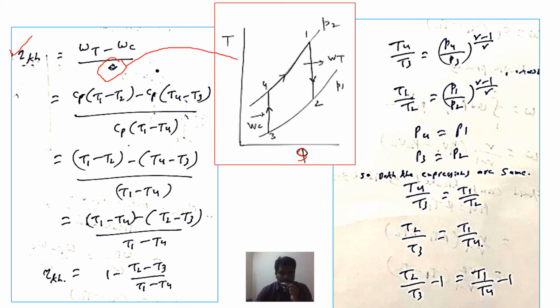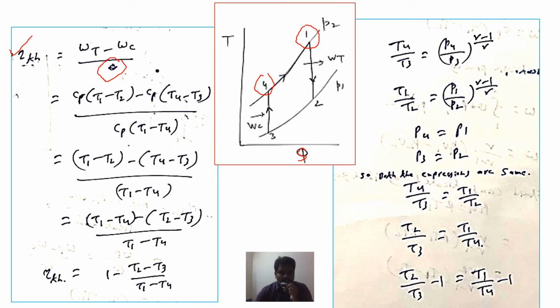Heat addition is between 4 and 1, so we can write it as Cp into T1 minus T4. Here we are adding the heat in process 4 to 1 in the combustion chamber.